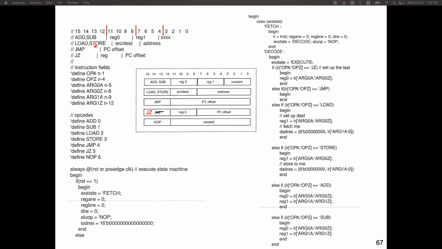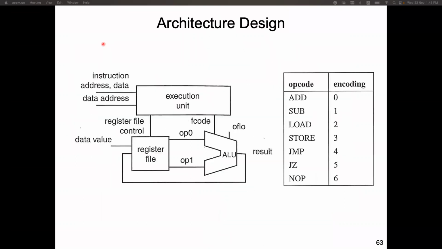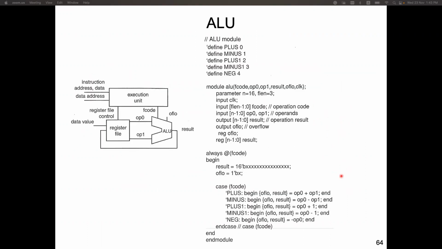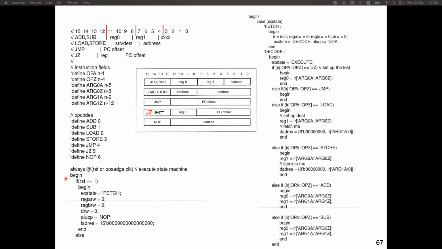Now load and store access the data memory, external to this processor. They have the codes 0 and 1, and load and store I think are 3 and 4, or 2 and 3. It's shown here. This is the opcode in bit 15 to bit 12.